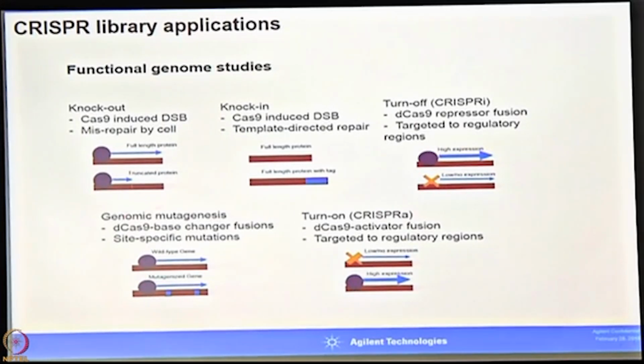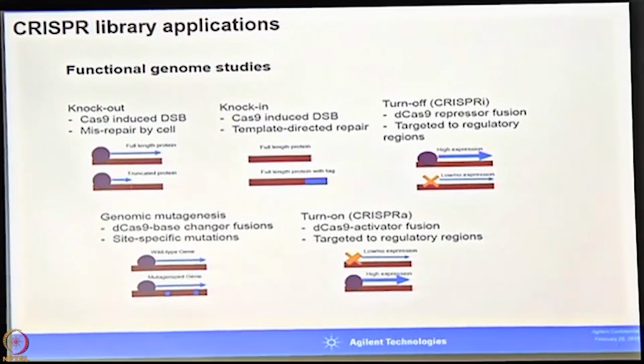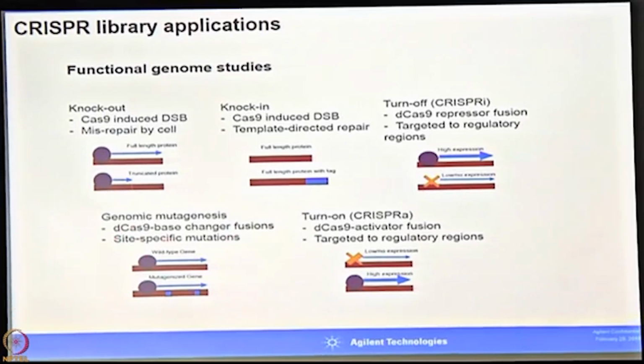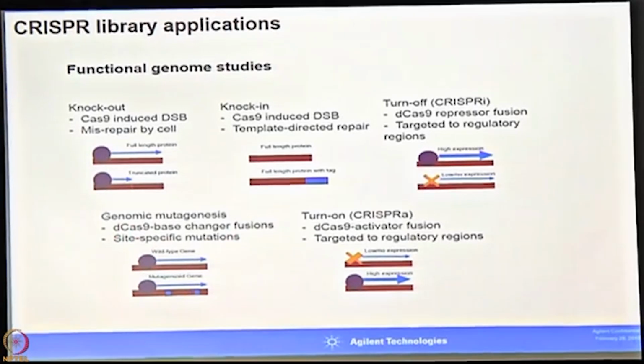This is genomic mutagenesis. Here it's a site-specific mutation you can create with CRISPR-Cas. Suppose you got some mutation and you want to solve that mutation, right? You can change base by base by mutagenesis, so this way you can correct the SNPs you got. This allows site-specific changes with Cas9.